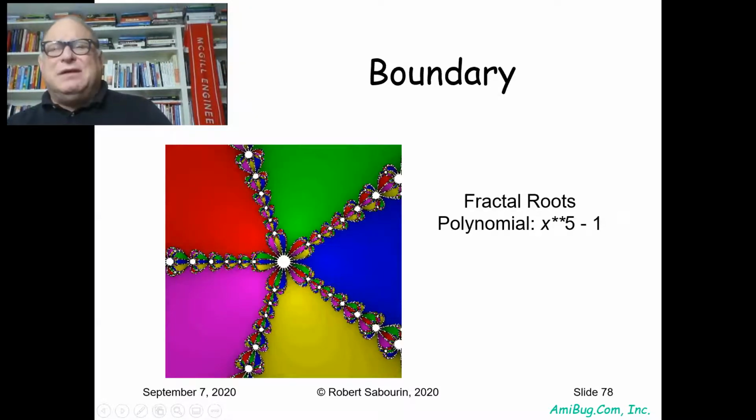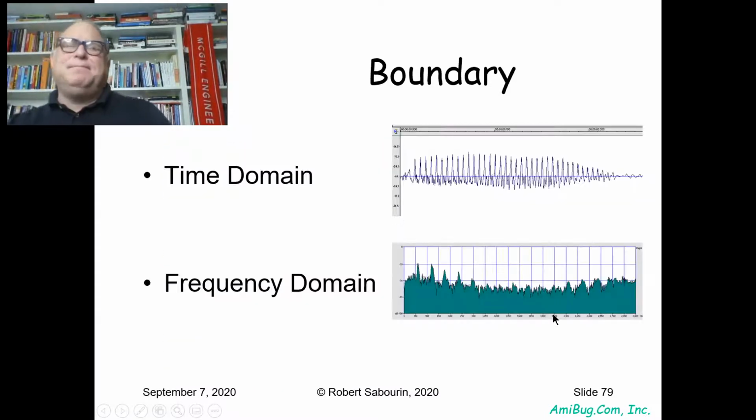In fractals, you have things that look like boundaries. I don't know if they are boundaries. It looks like boundaries where the behavior of a system changes. We can have a signal that looks one way in the time domain and a different way in the frequency domain. And so you can imagine you can have time domain boundaries or frequency domain boundaries that are different and interesting to study.